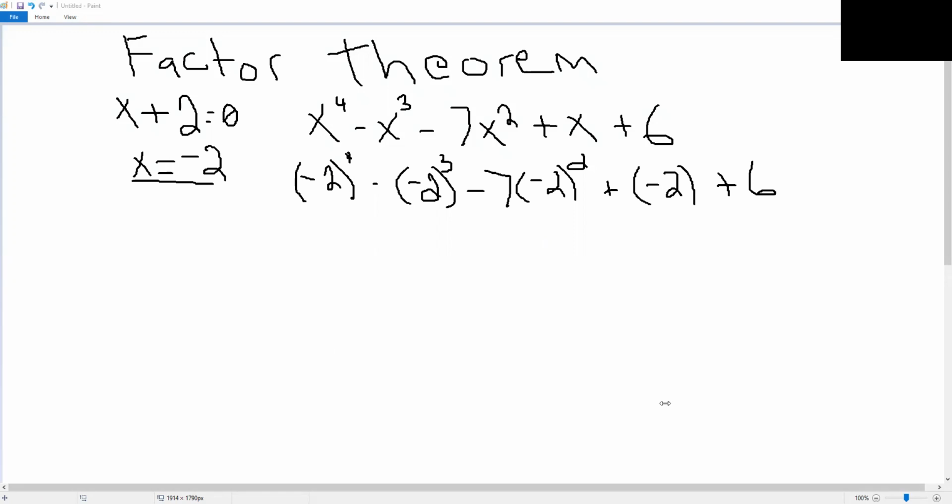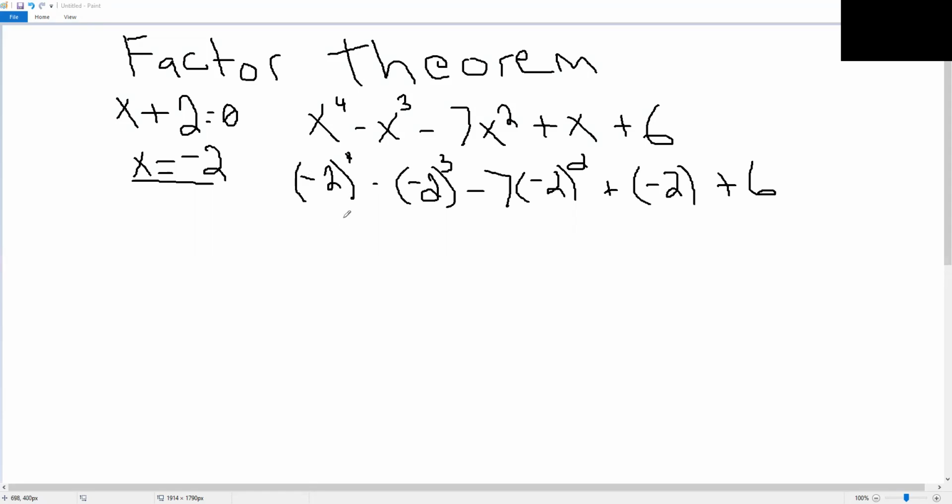There should be a way to raise it to a power on your calculator. One way you can do it is just say 2 times 2 times 2 times 2, and that would give you 16.